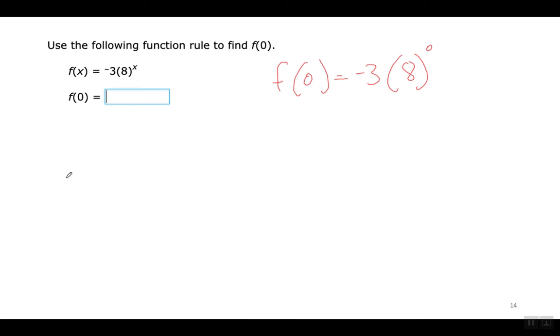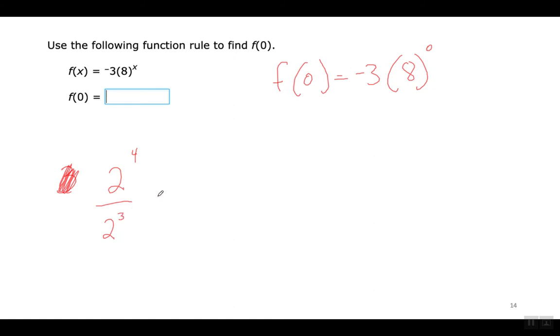Okay, first of all, let me make a little demonstration here. Let me use the number 2. Let's say 2 to the 4th power divided by 2 to the 3rd power.